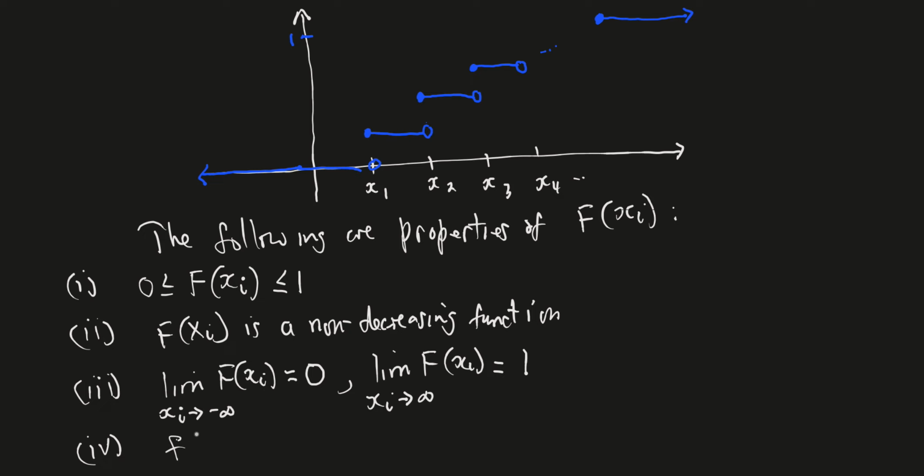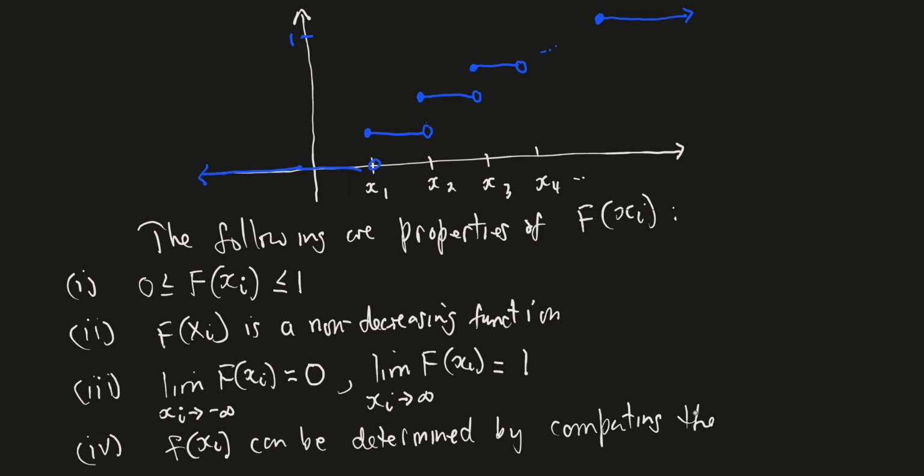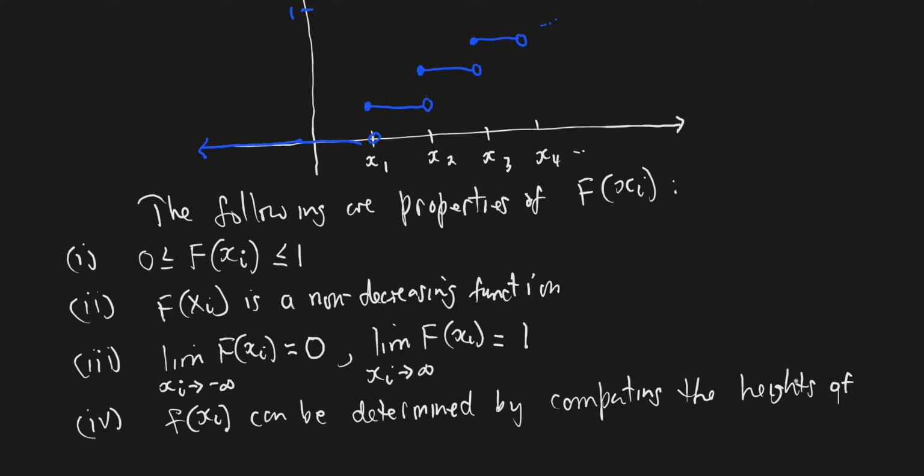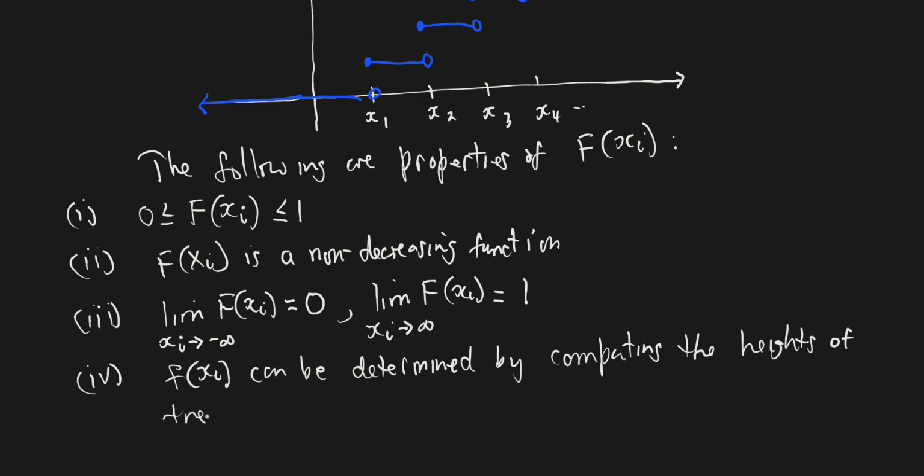So little f of x can be determined by computing the heights of the jumps in big F of x, right?